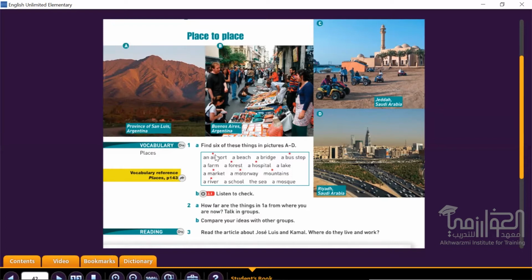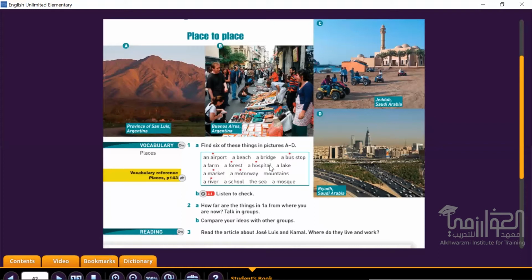So we have the pictures here, A, B, C, and D. And these are places or things that we have to find. We will look at which photo has got these things, which pictures have these.